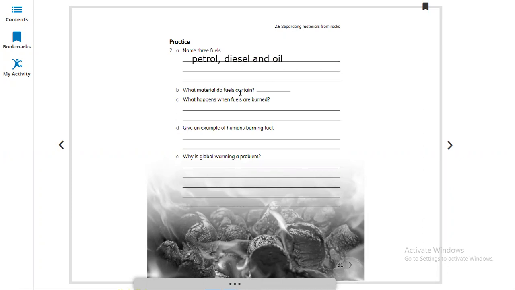What material do fuels contain? Carbon, mostly it contains carbon. What happens when fuels are burned? When the fuels burn, carbon dioxide is made. Give an example of humans burning fuels.